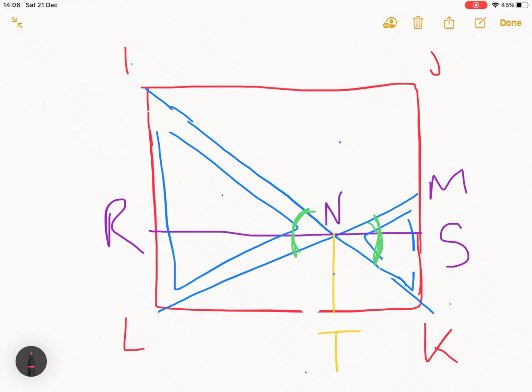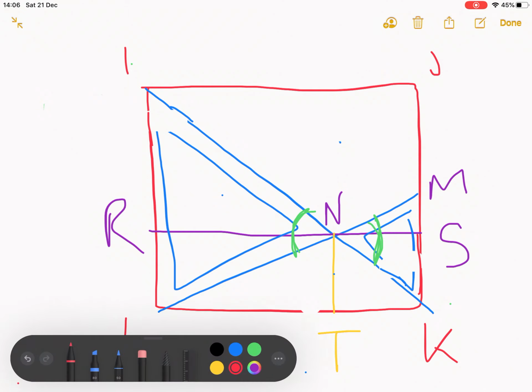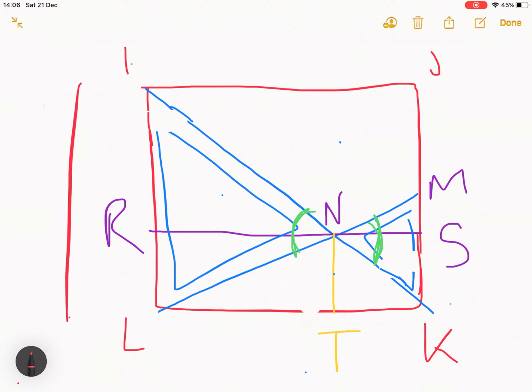Okay, so we know that for I to L, because we don't know the length of this side, it is best to call it length 1. And we know that MK, because M is the midpoint of the side, would have to be half.